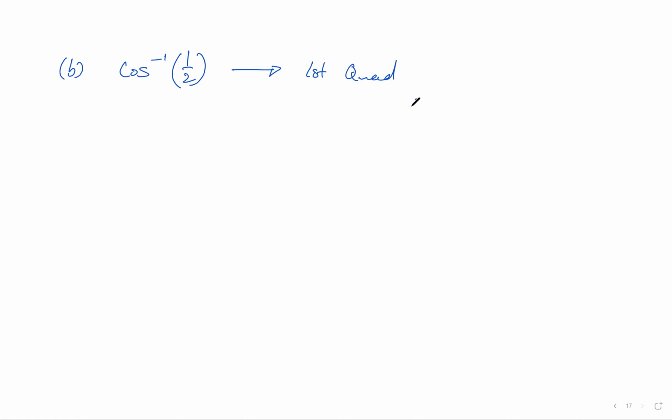And half again brings you back to the same triangle, 2, 1, square root 3. Cosine is A over H, which is cosine 60 again.